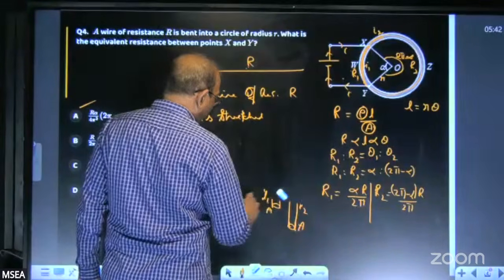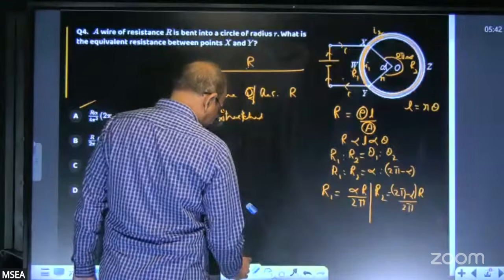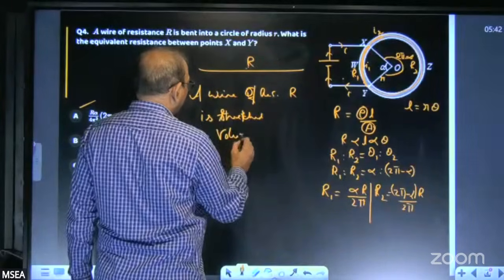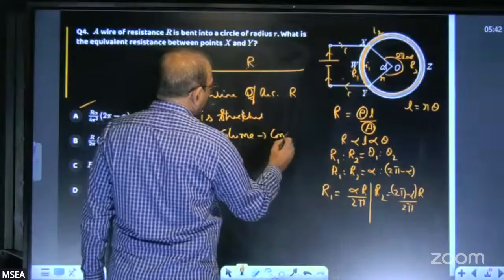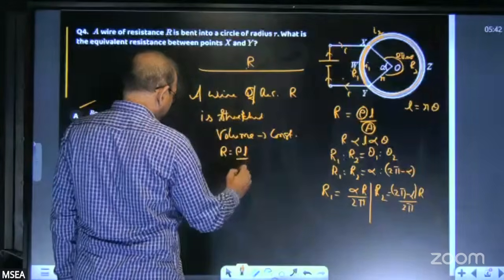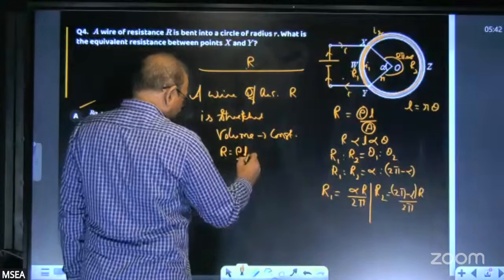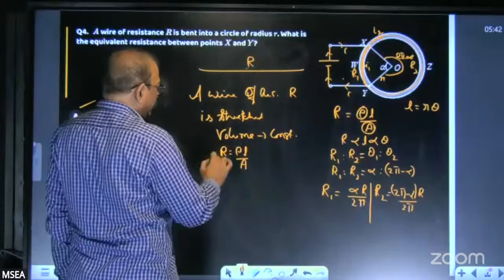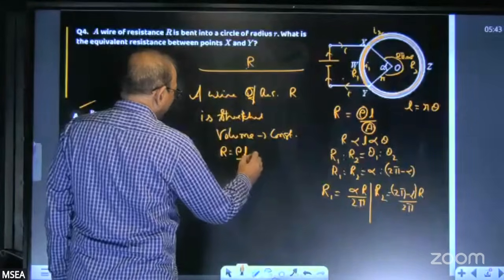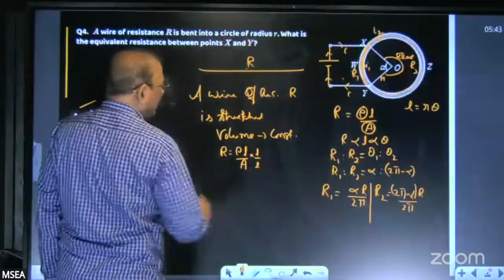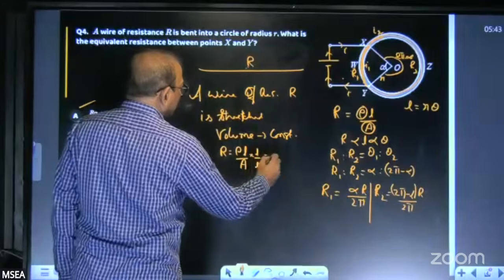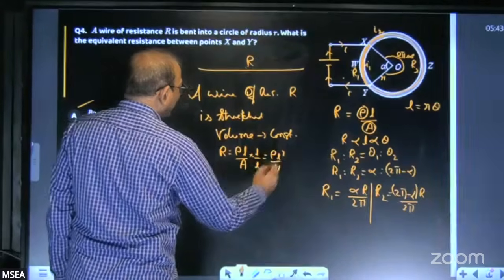When you stretch a wire, one parameter remains constant for that wire, and that is the volume. So resistance is rho L by A. If you want the resistance-length relation when the wire is stretched, multiply and divide by L: L by L, and area into length is volume. So you get rho L square by volume.